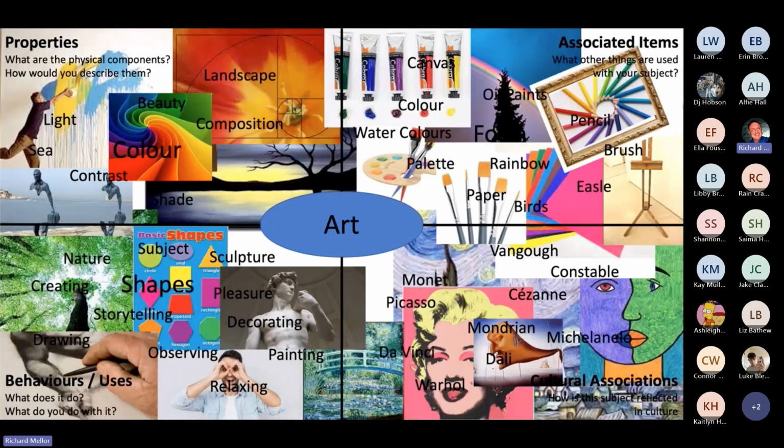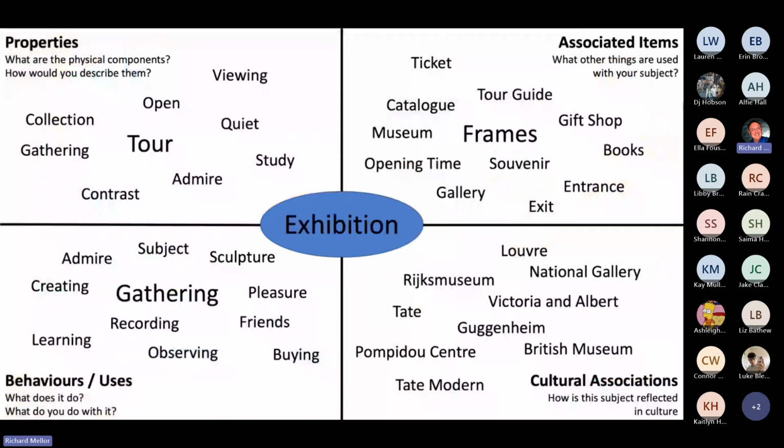And then we can visualize it. So now we have 2 mood boards, but we're not done yet, because what do we have to say about exhibition? So here the properties are tour, quiet, viewing, collecting, gathering, studying, contrast. Whereas associated items, we've got gift shops, frames, museum catalogues, entrance, gallery, exit, tour guide, tickets, gift shop.